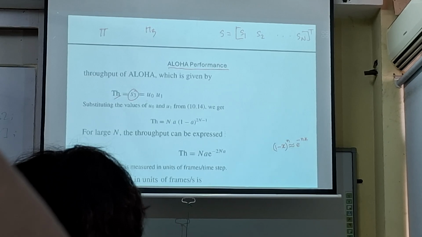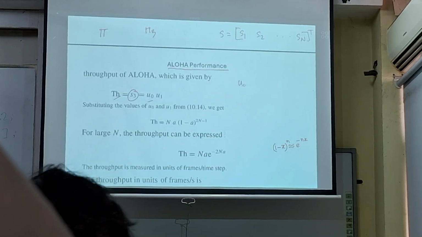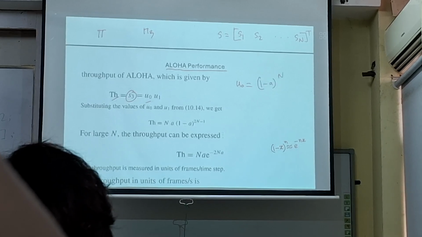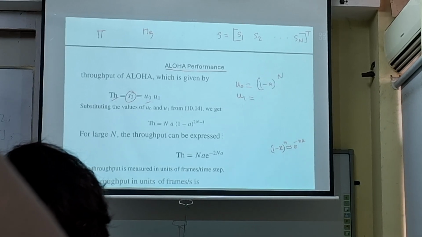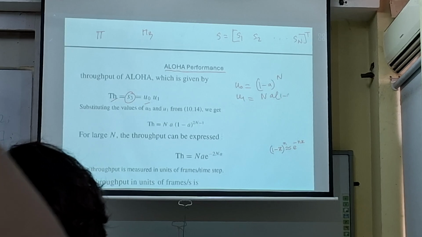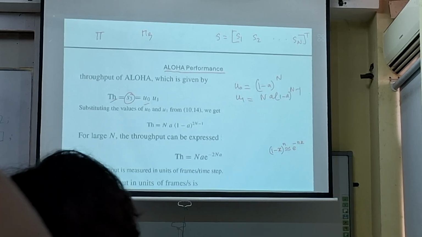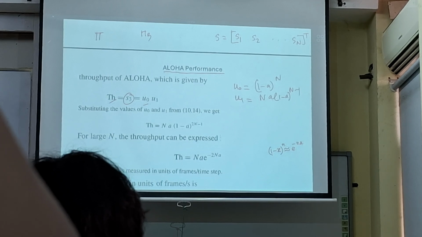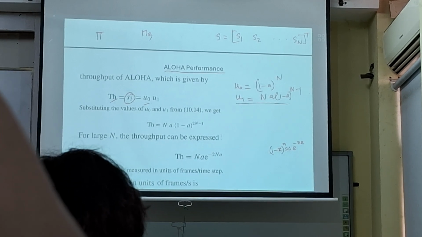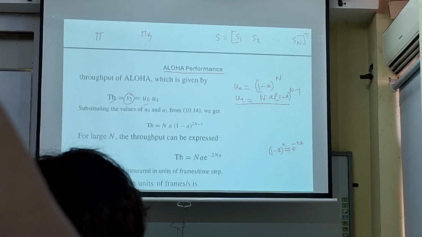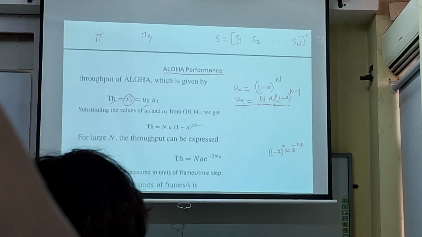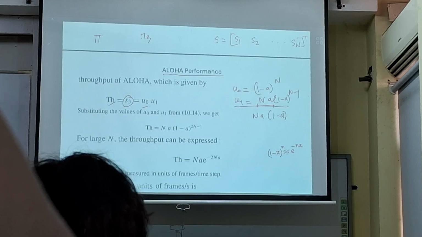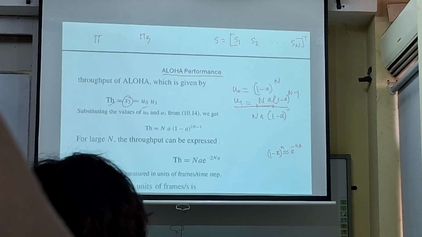And now we know the value of U0. U0 is 1 minus a to the power n. U1 is n times a times 1 minus a to the power n minus 1. So putting these values together, what we have is n times a times 1 minus a to the power n minus 1, which is actually very small.